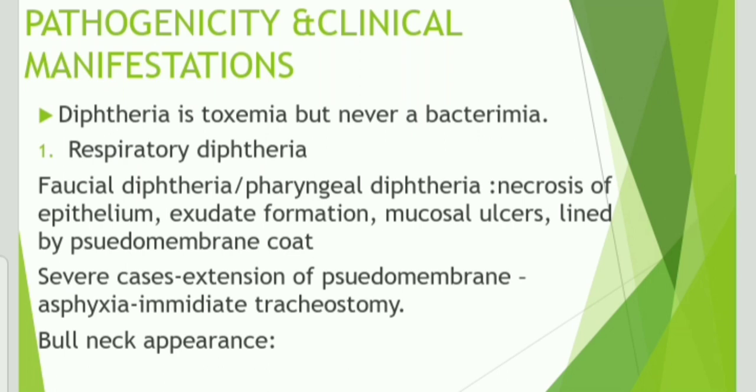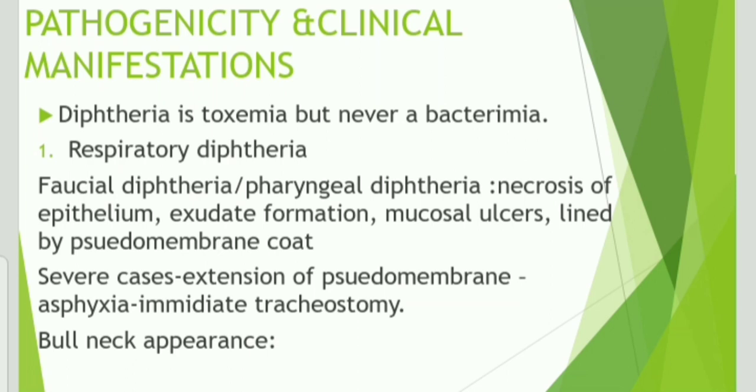Pathogenicity and clinical manifestation. The bacilli are non-invasive and hence will be present only at the local site. If it is causing pharyngeal diphtheria, it will be present on the pharynx and will secrete the toxin from there, which will spread through the bloodstream to various organs. Since it secretes the toxin into the bloodstream, it causes toxemia but not bacteremia.